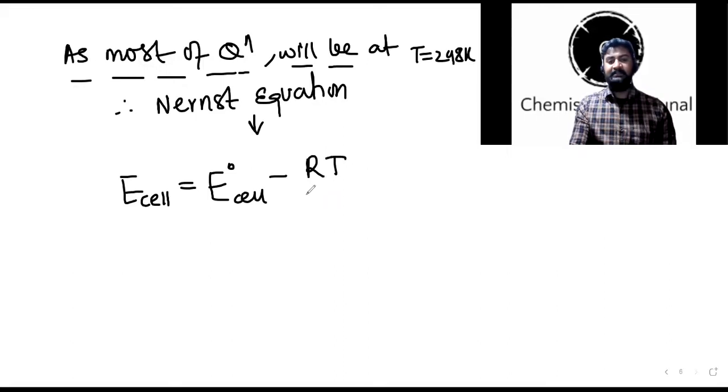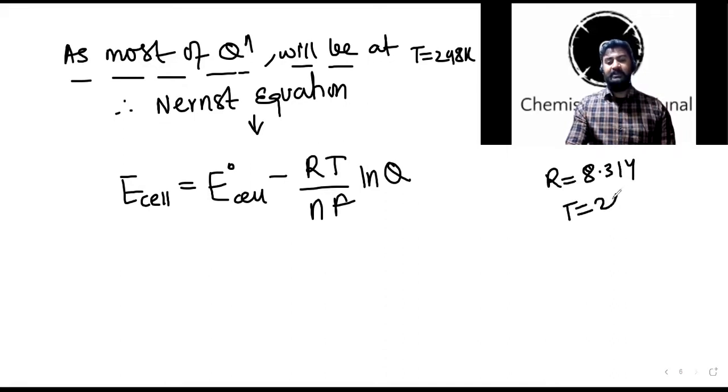So RT by NF ln Q. Now R is a constant. You can take it as 8.314. T is 298. F is Faraday, 96500 Coulomb. Just put the value.